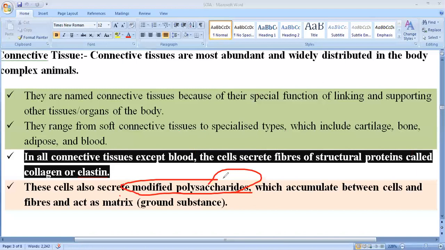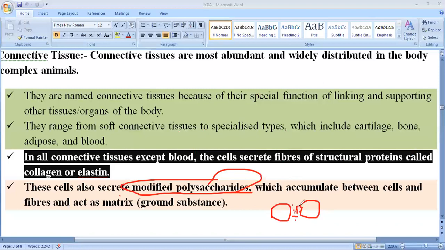This is called the modified polysaccharide, and it accumulates between cells. Suppose these are two cells, and in between there is a little bit of secretion.